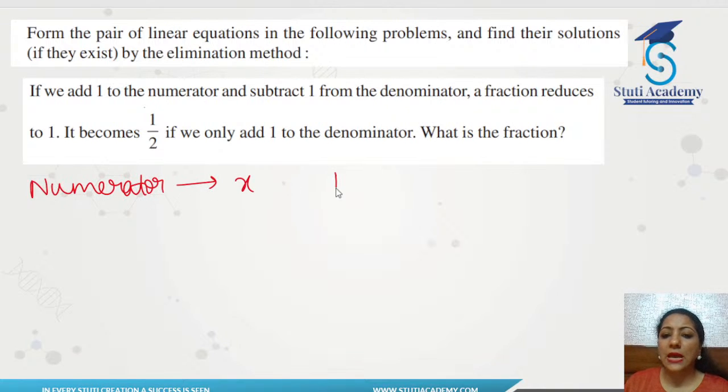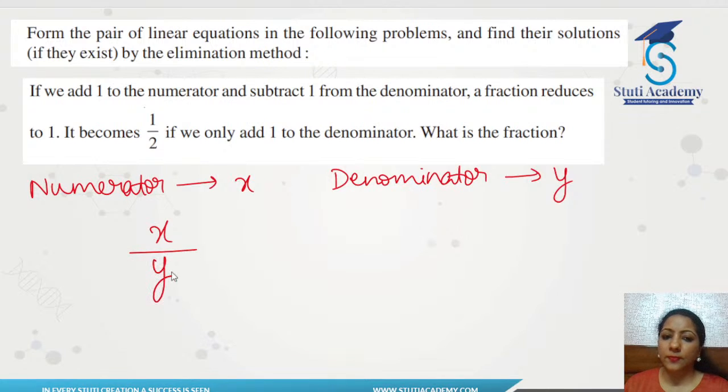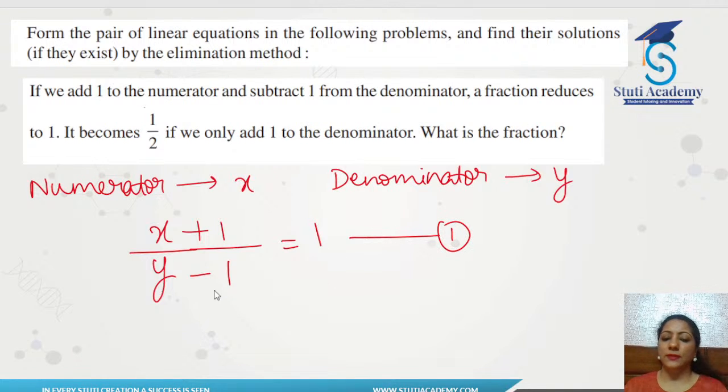Let's take the numerator to be x and the denominator to be y. So the original fraction would be x upon y. If we add 1 to the numerator and subtract 1 from the denominator, the fraction becomes 1. That's the first equation which we got.